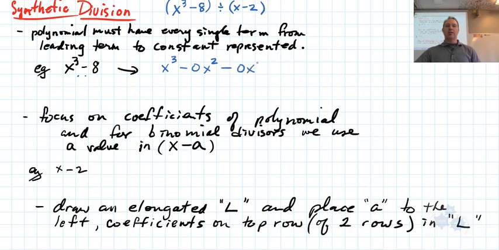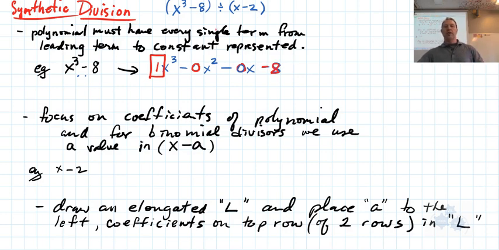So yes, the zeros are important, and it looks like this. Once you've understood that your polynomial has to look like that, then we focus on the coefficients. The coefficients here would be 1, 0, 0, and negative 8. We're going to use those coefficients a little bit later.